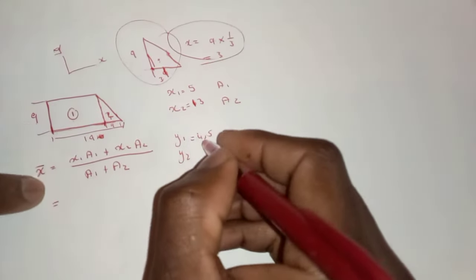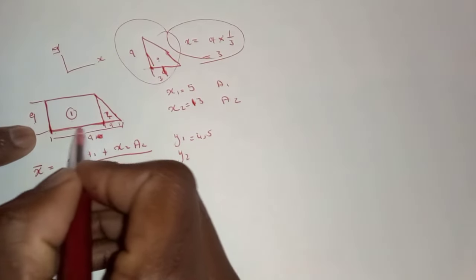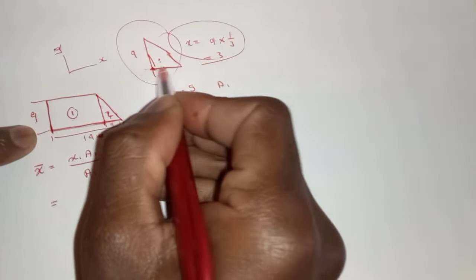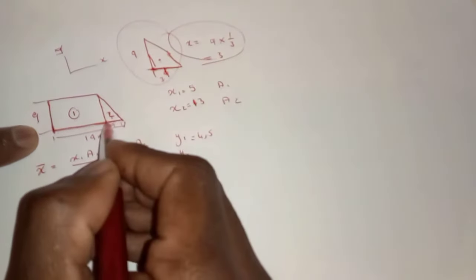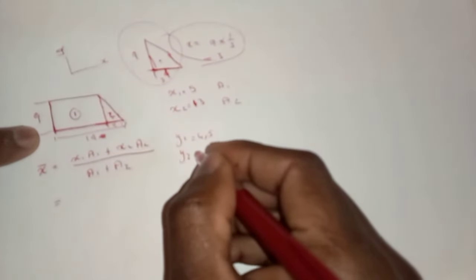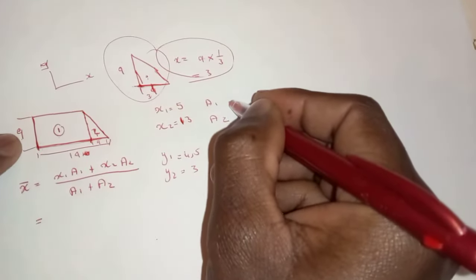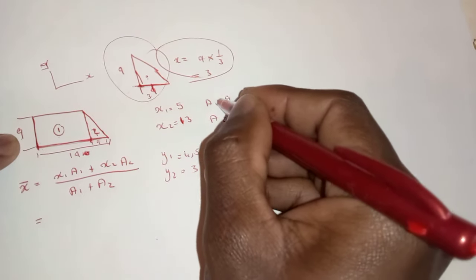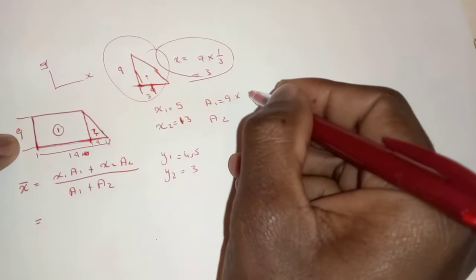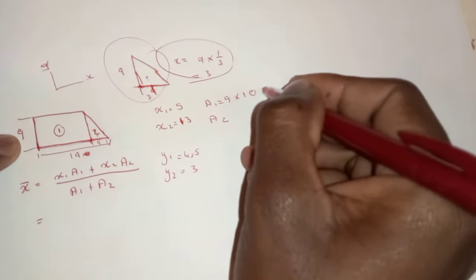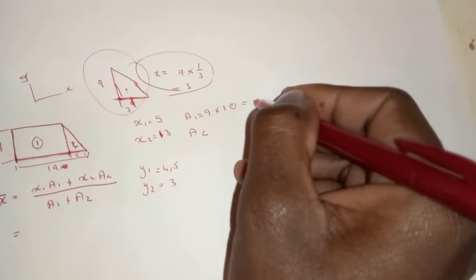And then we go to the y. The y will be 3 because this is where our reference line is. And then our area, we know our area here will be area number 1, 9 times 10, which will give us 90.